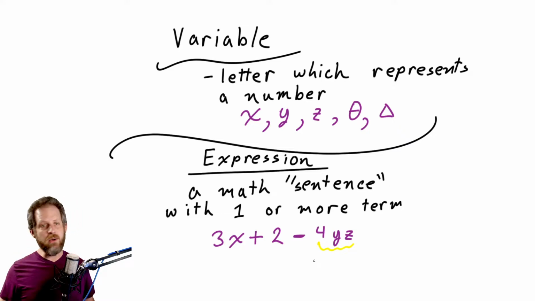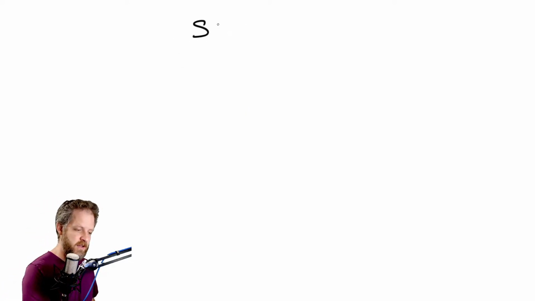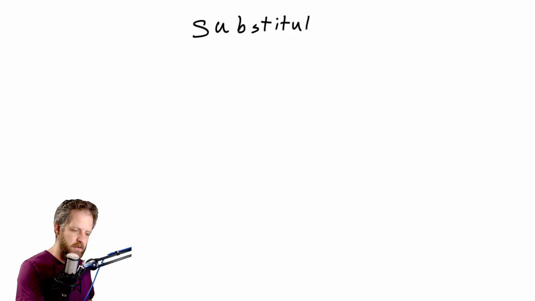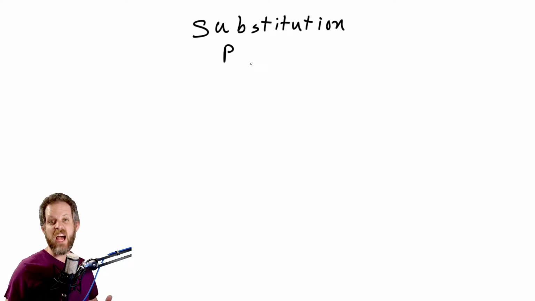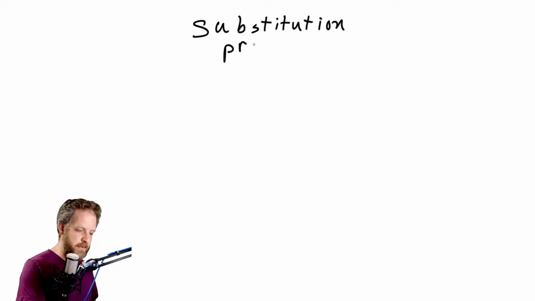So what can we do with algebraic expressions? Well, we can use something called the substitution property. And this is going to be the meat of the types of problems using this property.